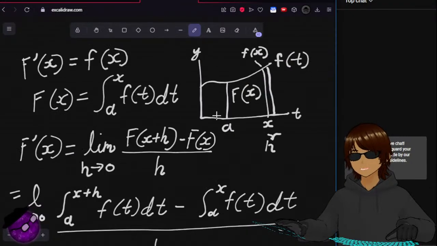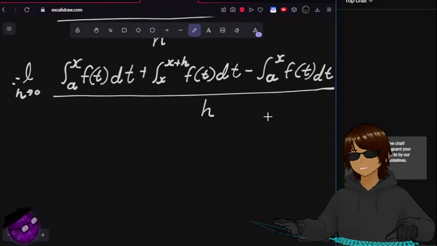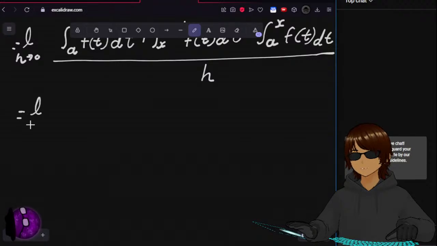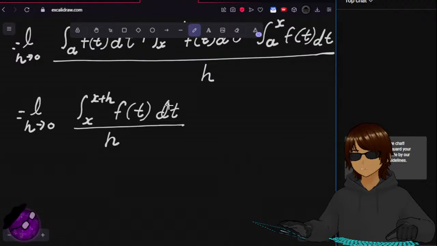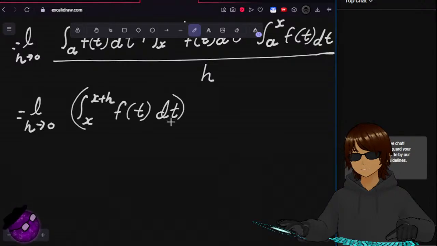So basically what I'm doing, the area from a to x plus h is the area from a to x, and the area from x to x plus h, and then this and this cancel out. So we are left with, or we can write this as, can write it like this.